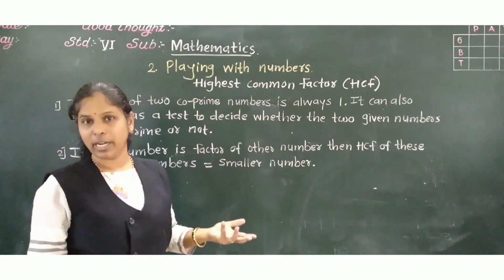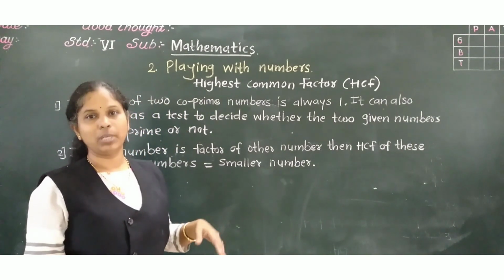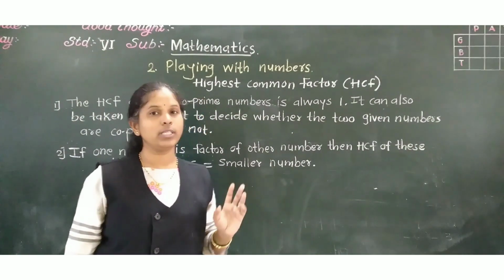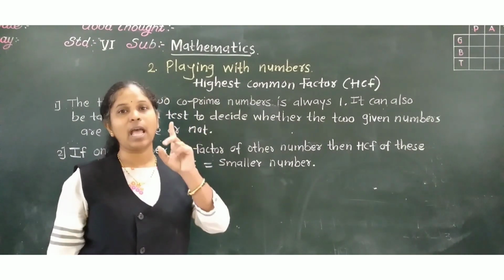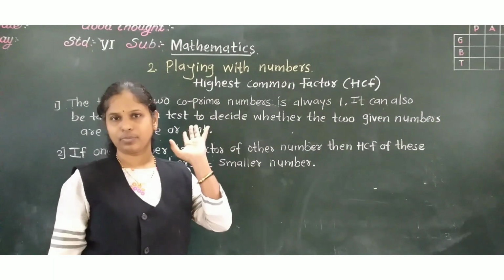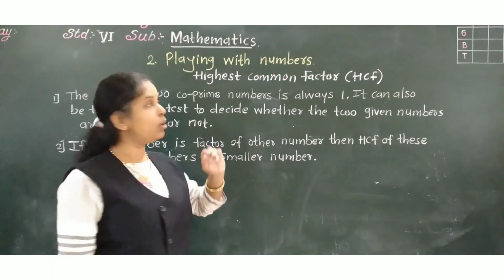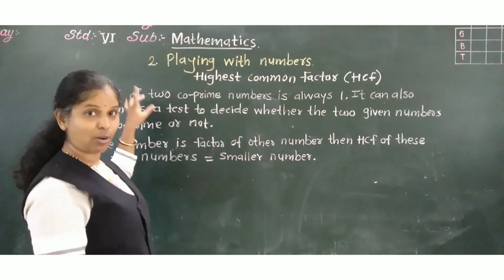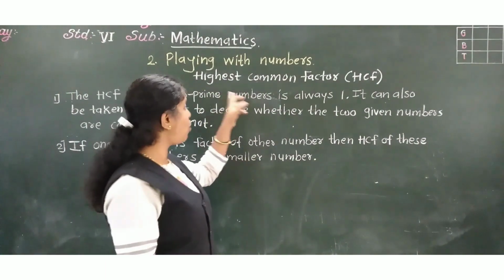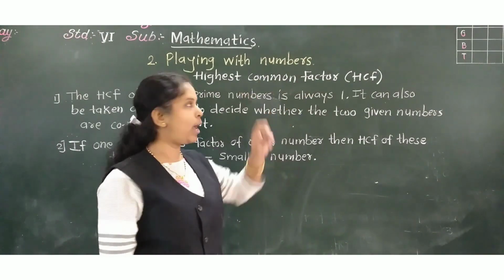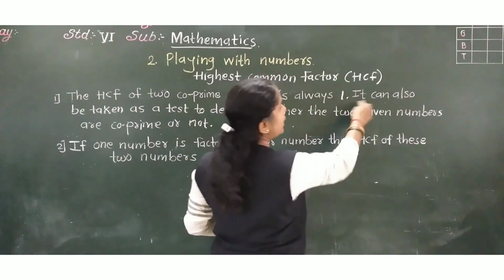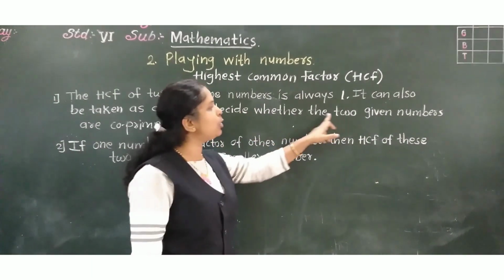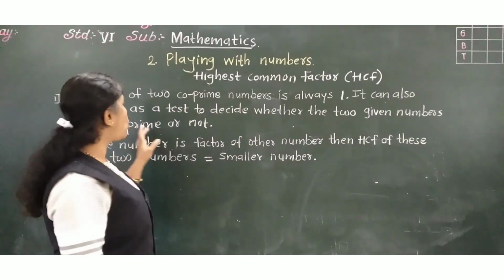I have already explained: co-prime numbers are any two numbers having only 1 as a common factor between them. So the highest common factor of co-prime numbers is always 1. It can also be taken as a test to decide whether two given numbers are co-prime or not.